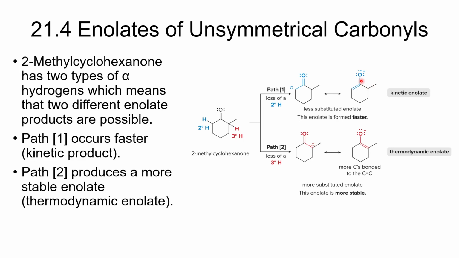The kinetic forms more easily, but the thermodynamic forms at sort of equilibrium conditions. The way that we typically get kinetic products is by going at low temperature, and the way we typically get the thermodynamic product is by doing it at higher temperature. And the higher temperature is usually room temperature.